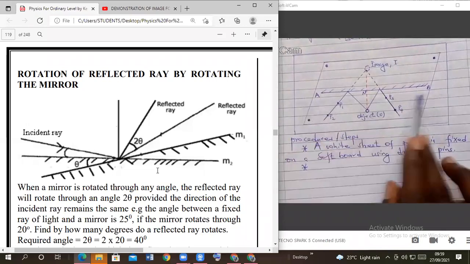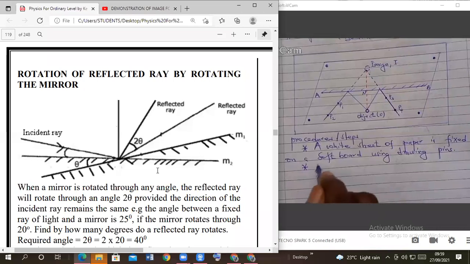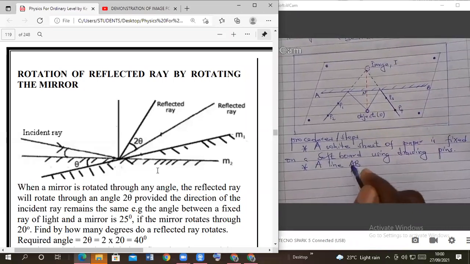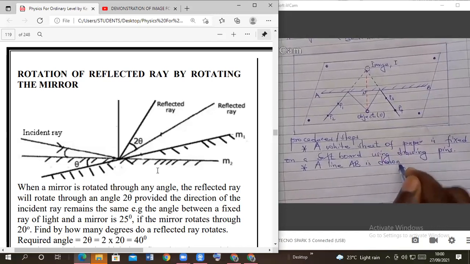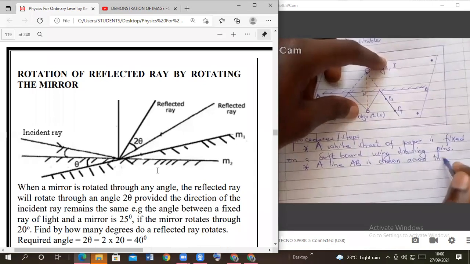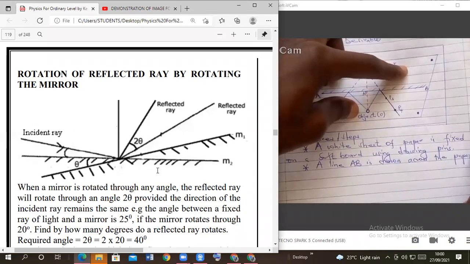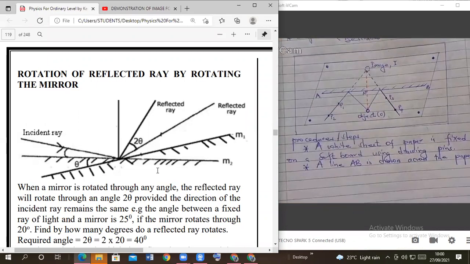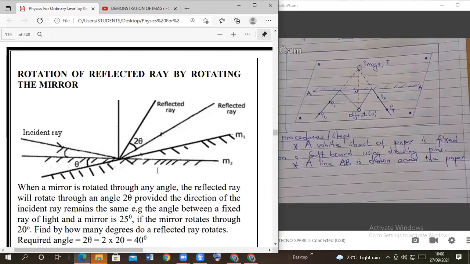A line AB is drawn across the paper. After that, what next?